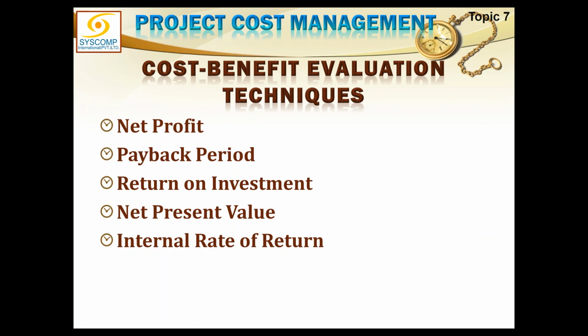Net present value is based on the present value of money. We'll talk about it. And lastly, we have internal rate of return. So let me take them one by one.